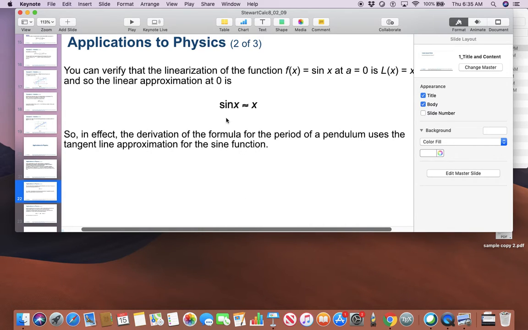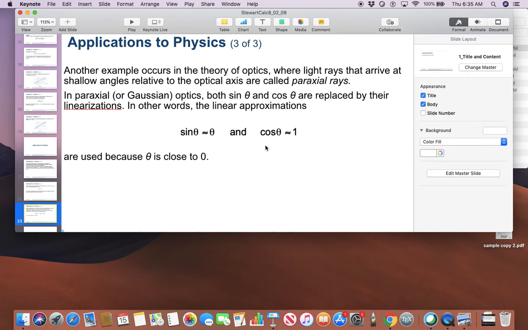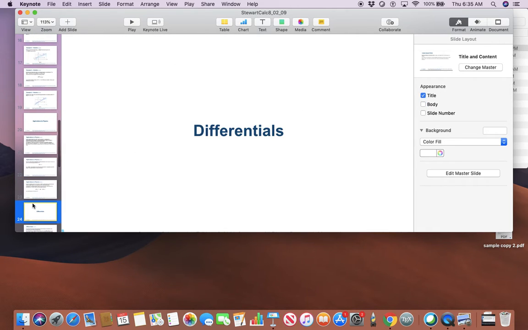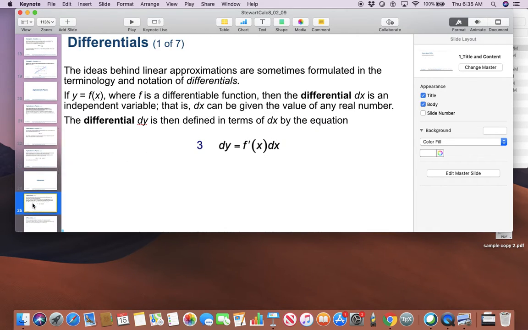So you may replace sine x by x as long as you are within the acceptable range. Likewise, you can replace cosine by 1, its linear approximation, if theta is close to 0. Now for differentials, the ideas behind linear approximations are sometimes formulated in the terminology and notation of differentials.